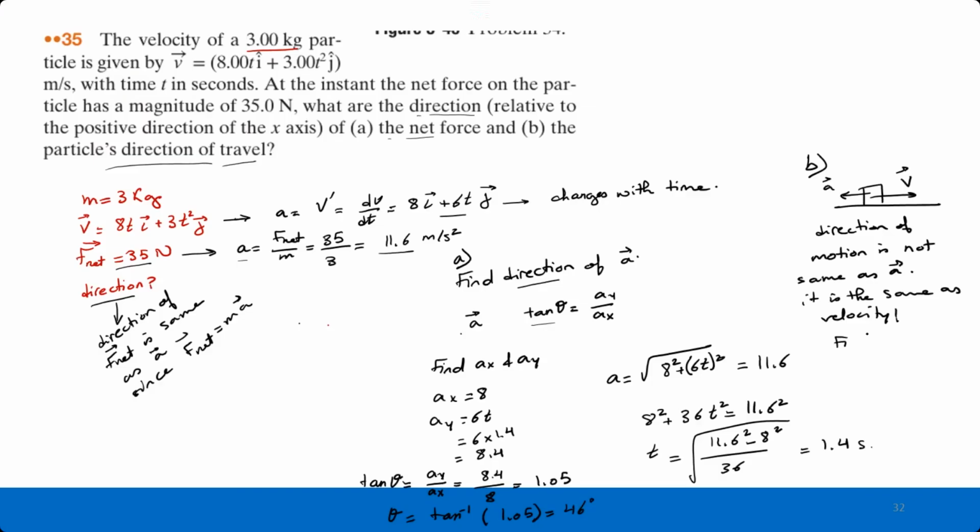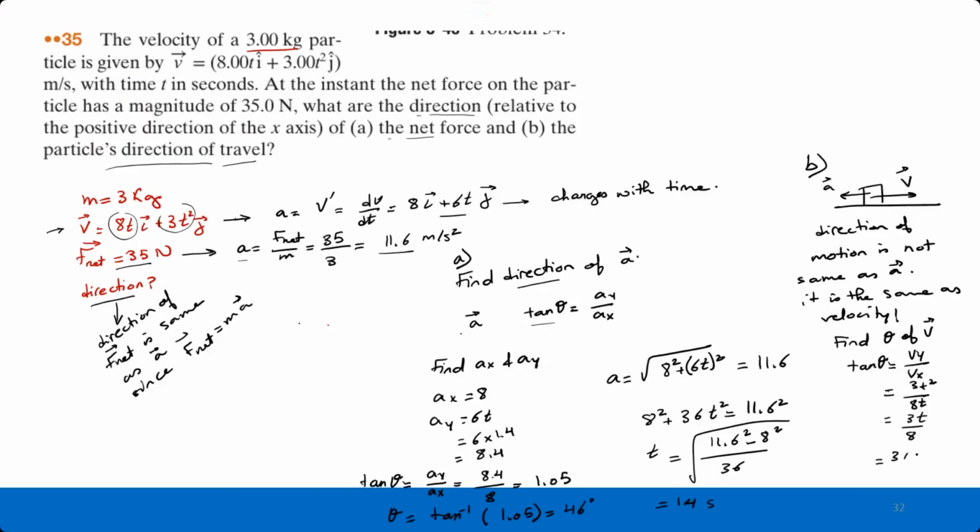So the angle theta that the velocity vector makes, I'll find it from tangent theta equals Vy over Vx. What is Vy? I have the velocity vector here. Its x component is 8t, its y component is 3t squared, so I have 3t squared over 8t. I'll substitute the time. It is 1.4 seconds. That's the instant I'm interested in. I found it in the previous part. I'll have 3t over 8.